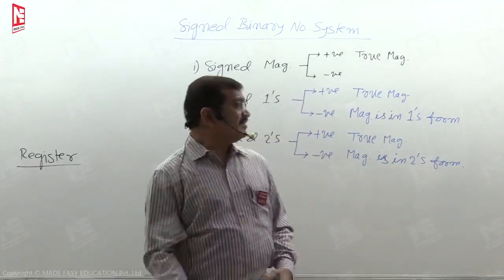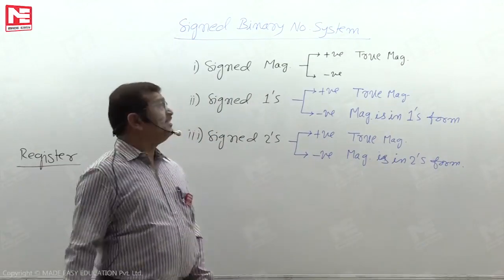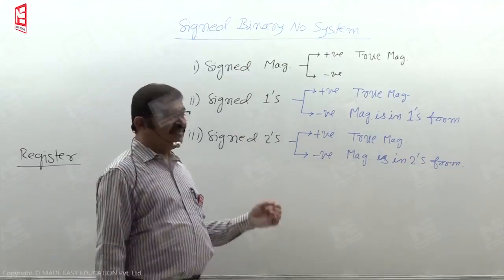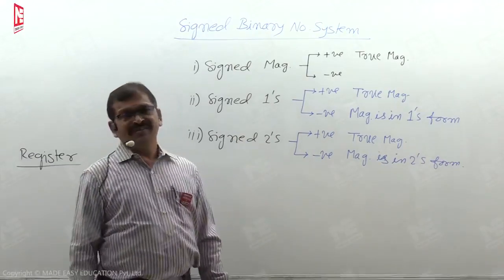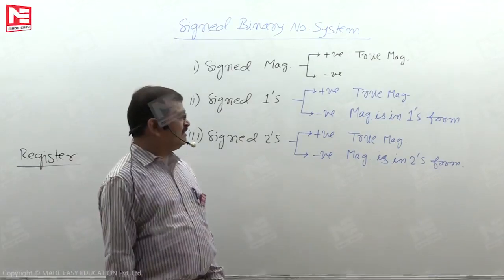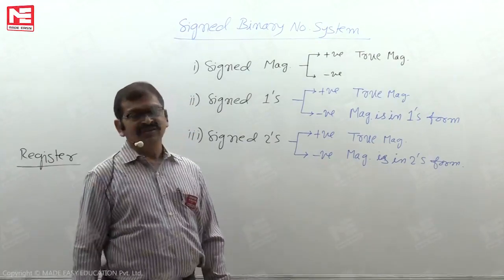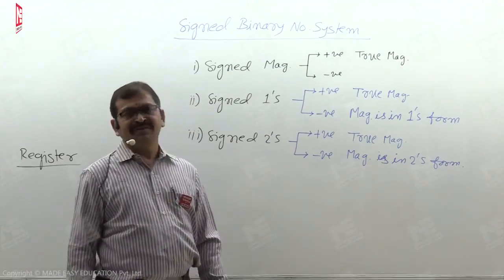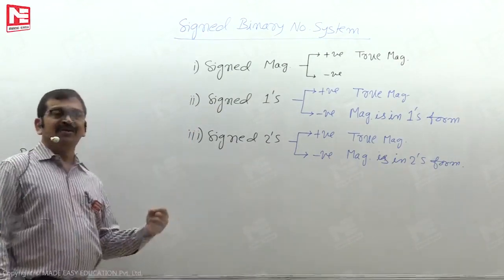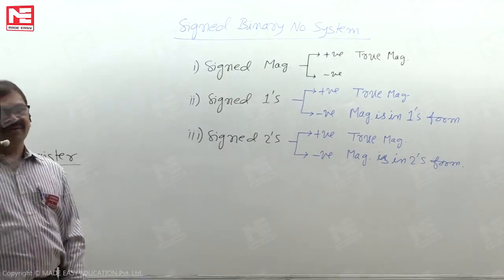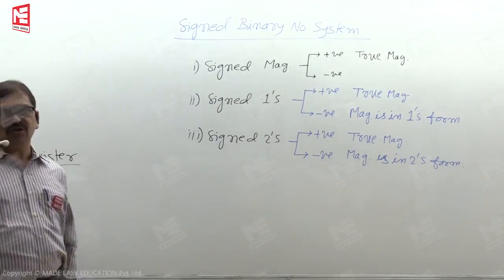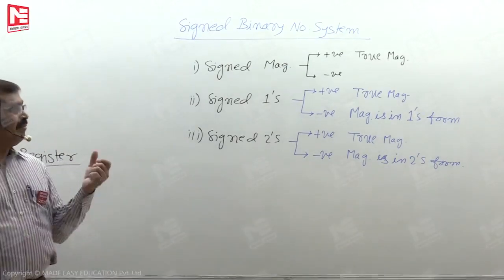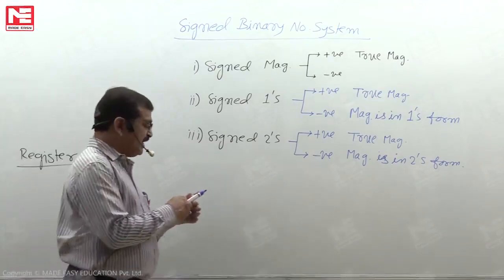As I said already, in all these three notations we have a difference as far as negative numbers are concerned. There is no difference for positive numbers; the representation is the same in all three notations, with the magnitude always true magnitude. But whenever the number is negative, the magnitude is true magnitude for sign magnitude notation.